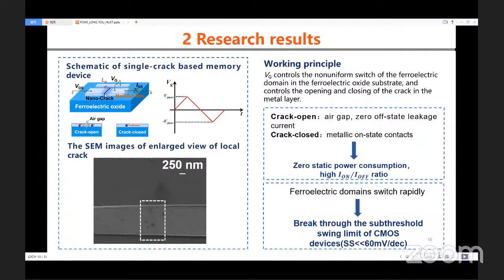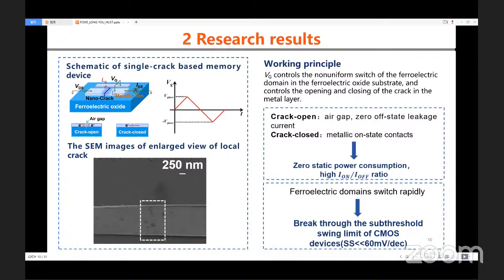Firstly, we introduced the single crack-based memory device. This device is comprised of ferroelectric oxide and metallic thin film on top of the oxide layer. The film is etched into parallel strips with a gap length Lg.